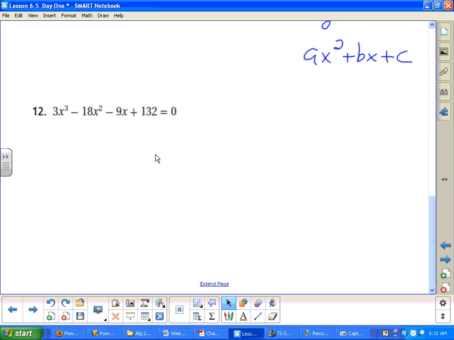So let's graph it. Now, well, let's hold on. Let's look and see if we can factor this first of all. Because it's possible that I could factor this by grouping. So we've got 3x squared times x minus 6, right? All right, but does 9 go into 132 6 times? I don't think so. No, because 9 times 6 is 54, isn't it? Okay, so these won't be the same. All right, so I can't do grouping. We'll get rid of that. All right, so let's graph it.